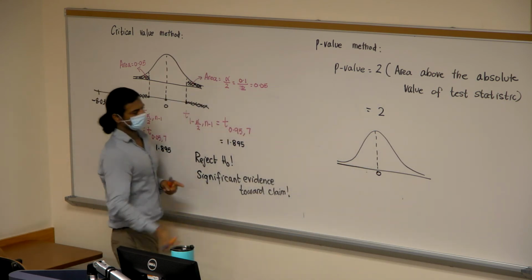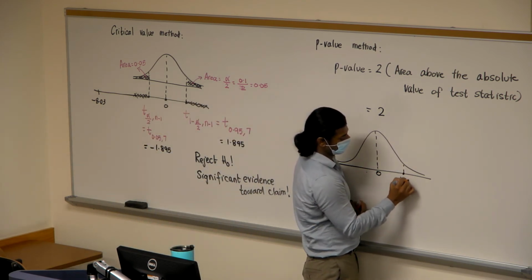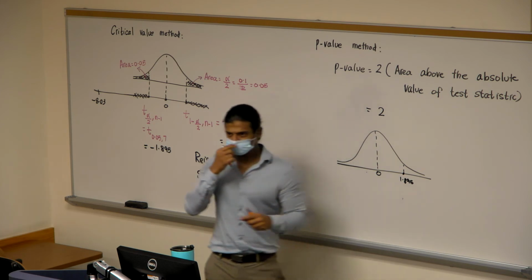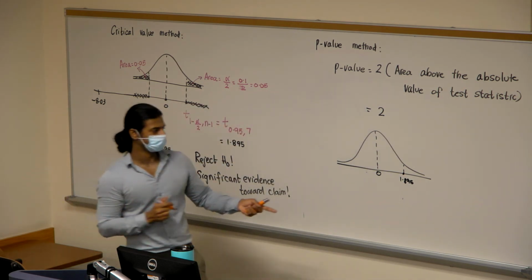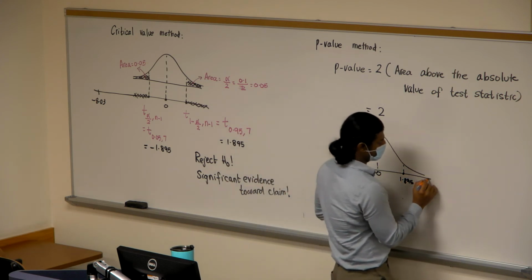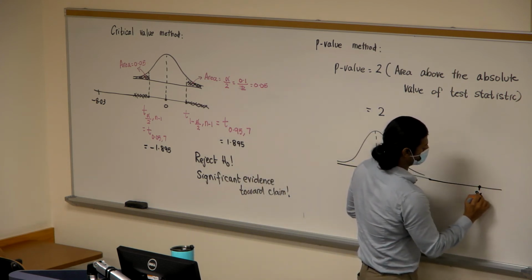That point happens to be 1.895. What is the absolute value of negative 8.03? Positive 8.03. And that is going to be right there.